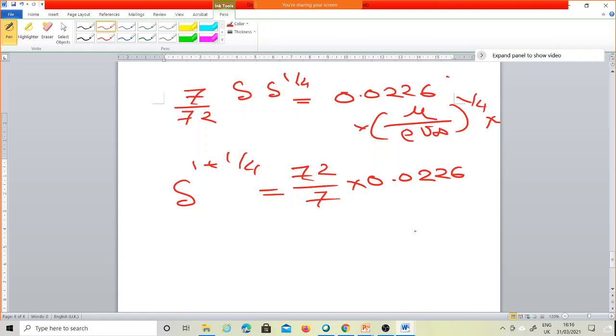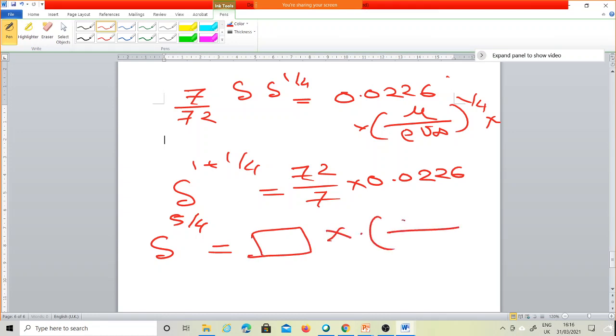Also we have more, so it should be to the power 5 by 4, right? And we will have the constant, and you have the x, and also we have the value rho u infinity to the power 1 by 4.